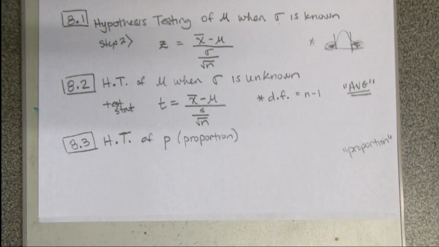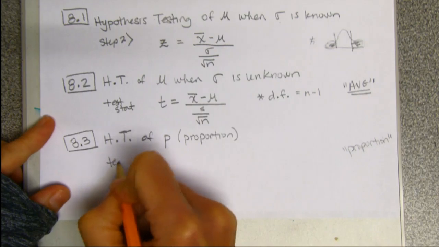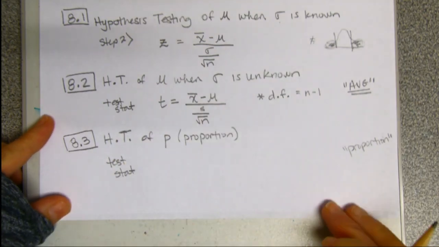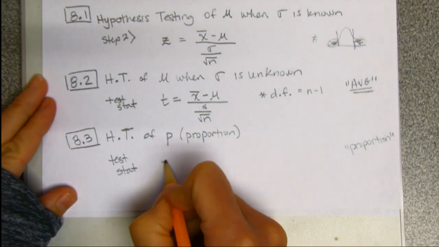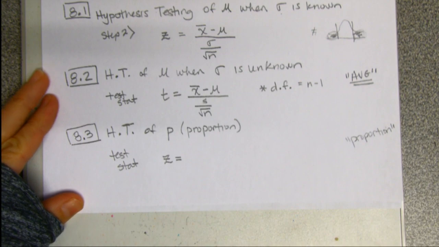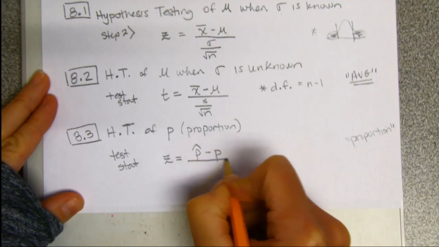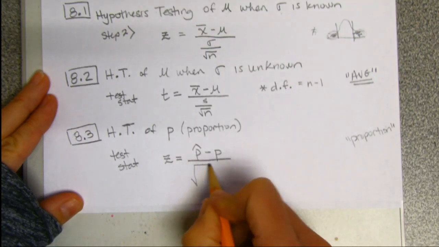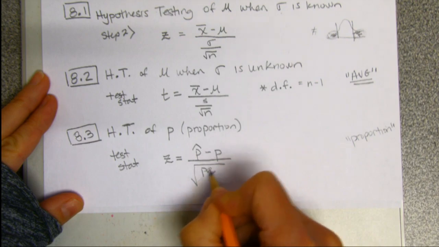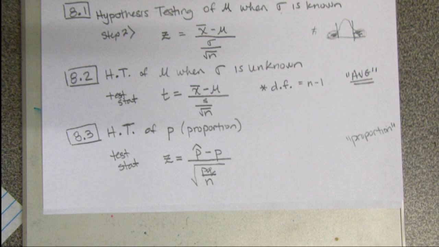All right, you're going to go through the same 5 steps, but you're going to have P in your step 1 instead of a mu. Your test statistic is going to be a z-value, always a z-value for P. And it is going to be P hat minus P over the square root of PQ over N. Again, I want to point out, I said it a minute ago, but now maybe you're seeing what I'm talking about.